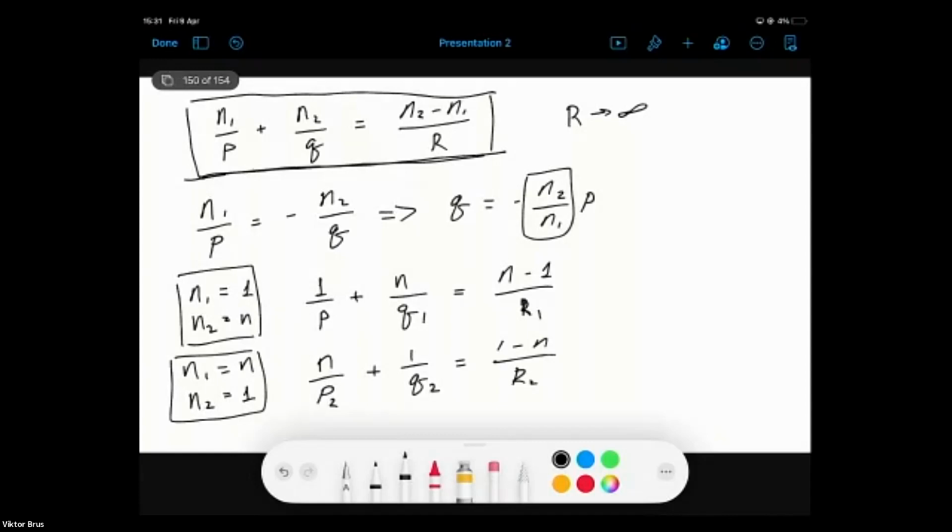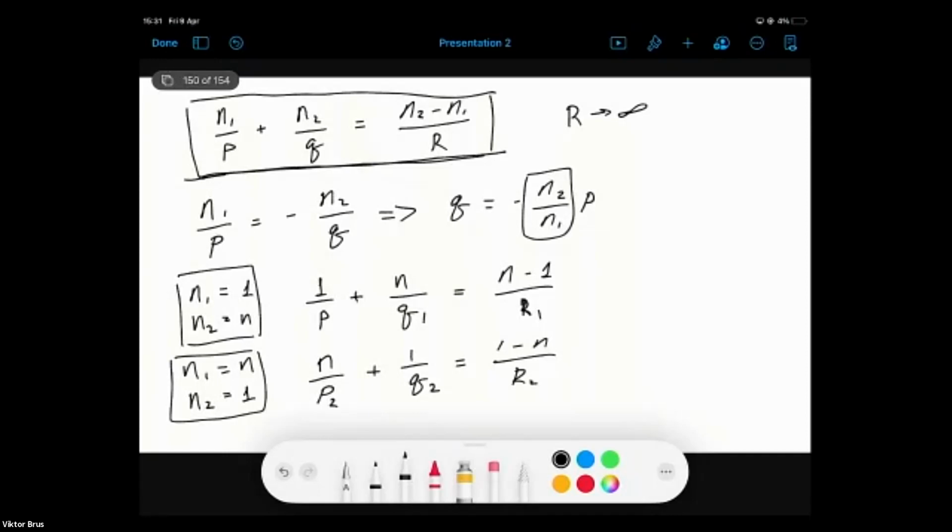So now we need to mathematically show that we consider the image of the object formed by the first surface as the object for the calculation of the image of the second surface.